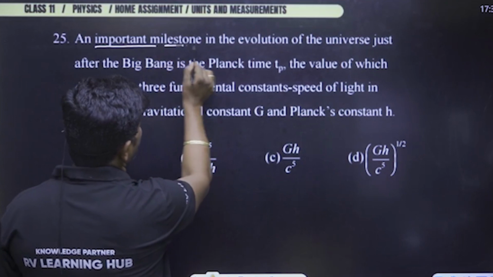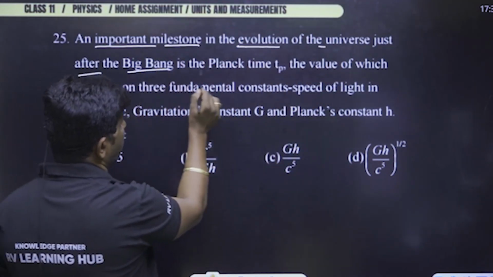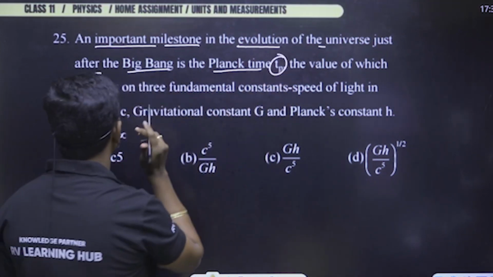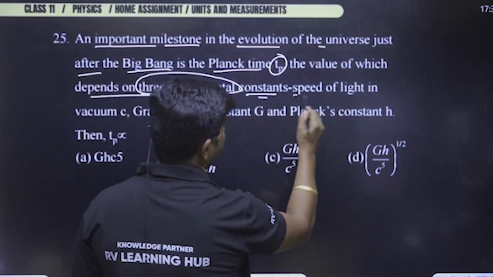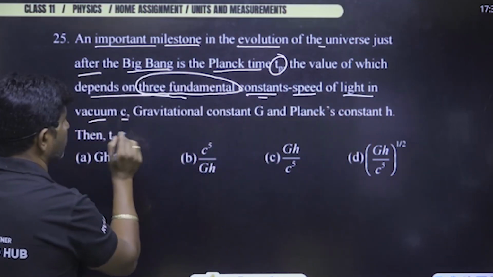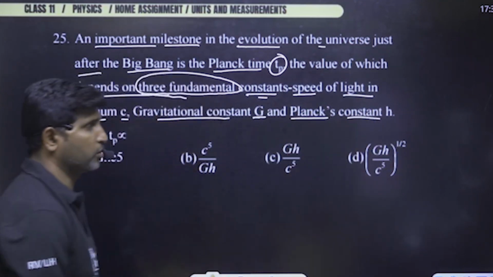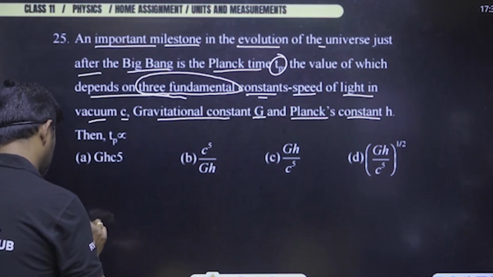An important milestone in the evolution of the universe just after the Big Bang is the Planck's time Tp, the value of which depends on three fundamental constants: speed of light in vacuum c, gravitational constant G, and Planck's constant h. I think you can do this problem by yourself here.